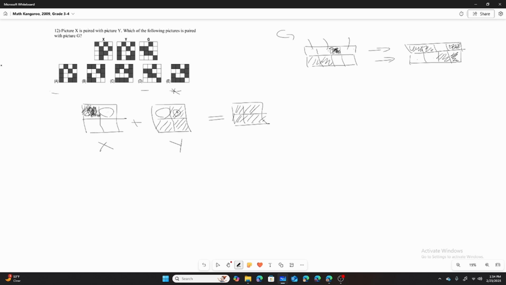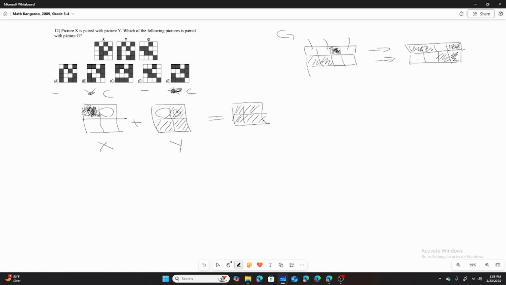Actually, E is potentially the right answer, right? So E is a contender. C is a contender, right? So now it's between B and C.